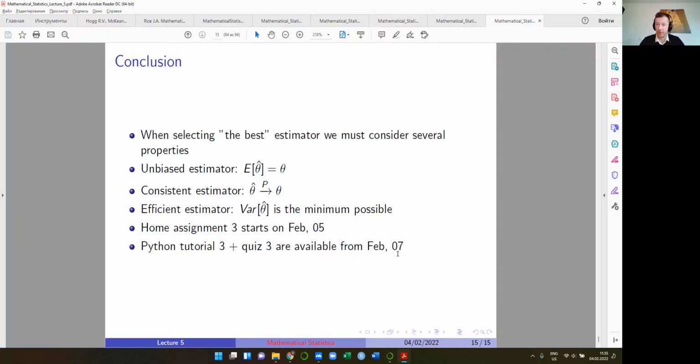That's going to be the main point of tutorial number 3. Because, as I promised you, we are moving in the direction of working with real data. That's why this tutorial is an essential part.